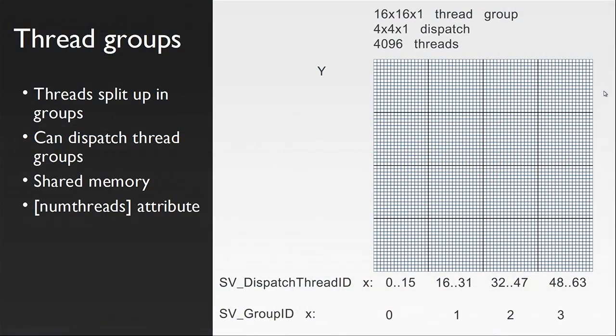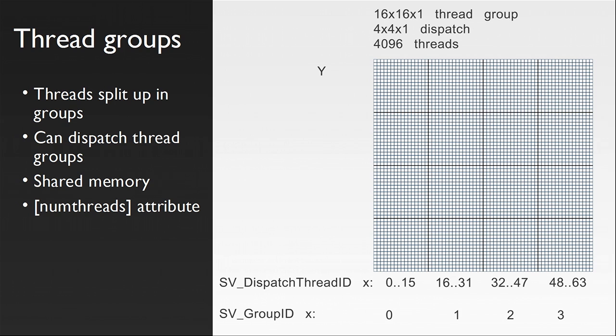All right. So on running these threads, they made the decision to have you split the threads into thread groups. You cannot just run a singular thread. As you can see here, there's a group of 16 by 16. You can actually also make 3-dimensional thread groups, but let's keep it flat for now.